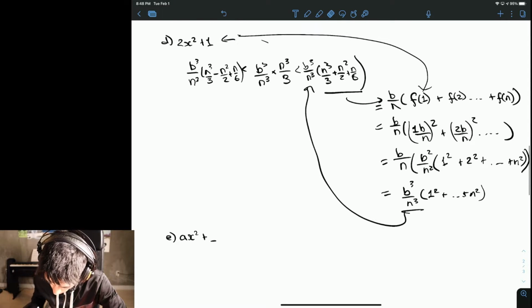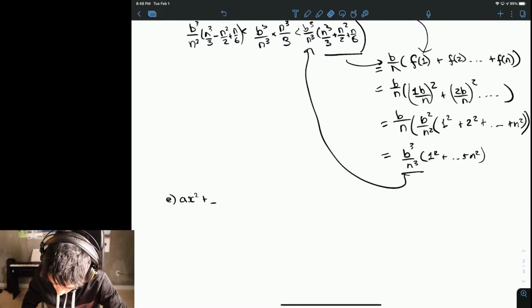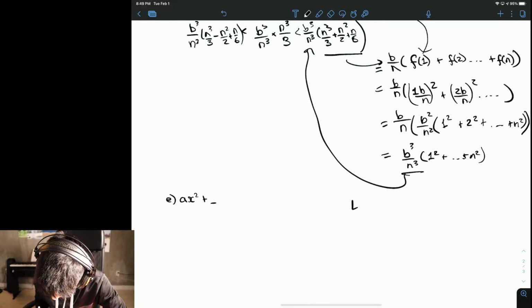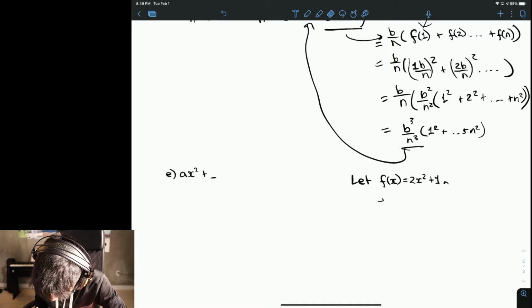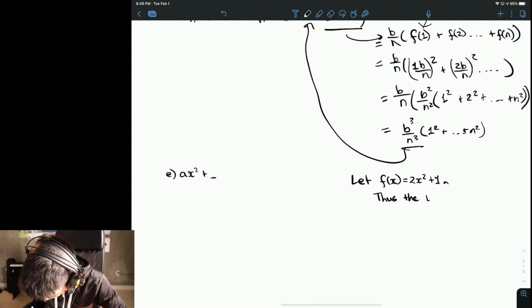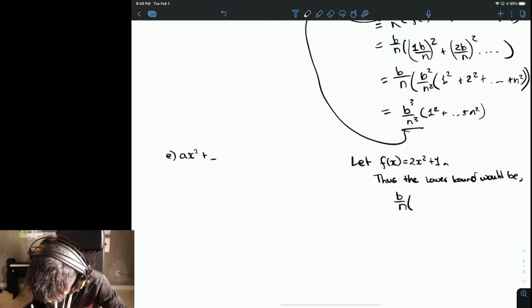So let's do that. If we have a similar thing down here, we will let f of x equal 2x squared plus 1, and then the lower bound would be b over n, which is the width of the rectangle, multiplied by 2 times 1 by b over n squared plus 1.